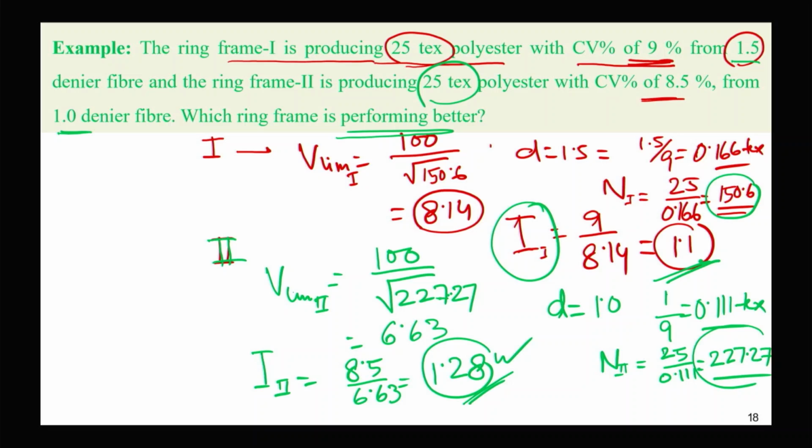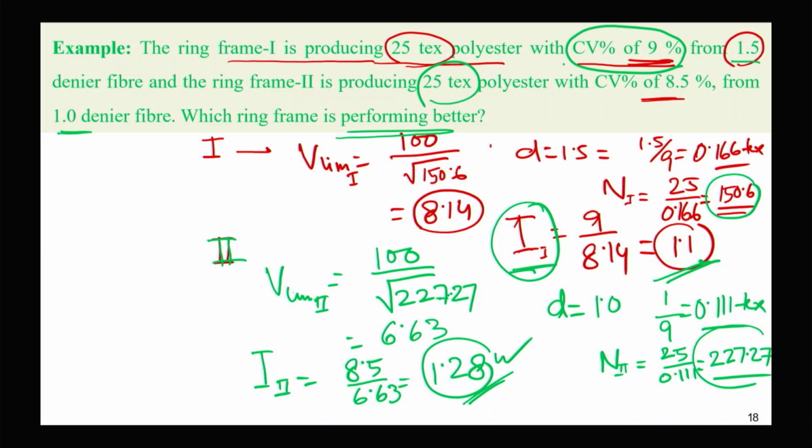So performance is better in case of ring frame 1, although ring frame 1 is producing higher CV% than ring frame 2. So final CV% is not the indication of running performance of a ring frame.